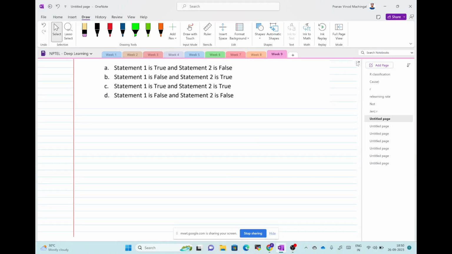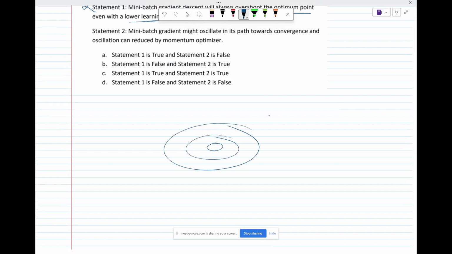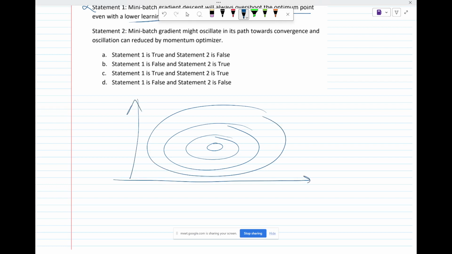So in momentum optimizer, what happens is, let's say this is the contour plot of your loss. This is a parameter.